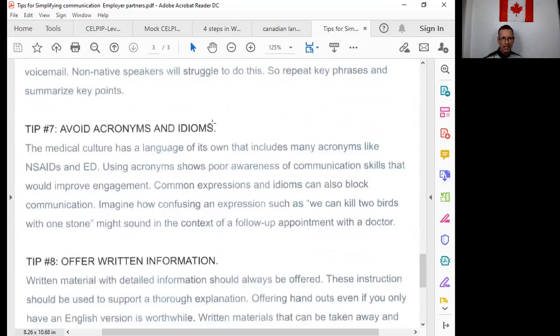And so in this case, because this is helping with medical professionals, it talks about medical culture, but also just in general. If I listen to the average Canadian for 10 or 15 minutes, I might hear 8, 10, 12 phrases that we understand and are common, but are not as clear for somebody who's been learning, or they haven't come to a level of understanding those.